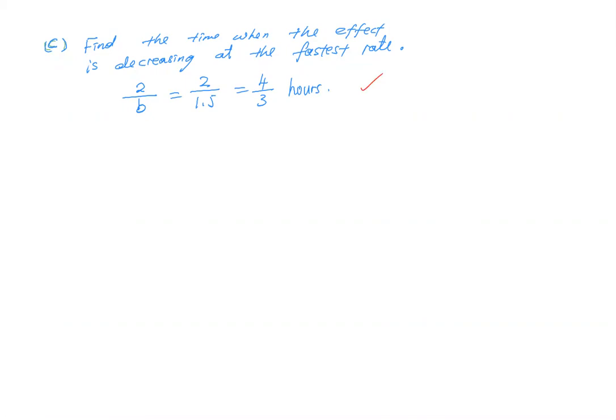Okay, what else can I ask? When the effectiveness is lowest, I guess. Yeah, I can say the doctor can only carry out the surgery if the effectiveness is at least 350.